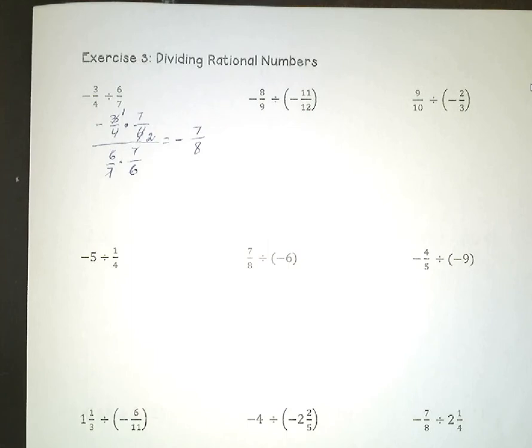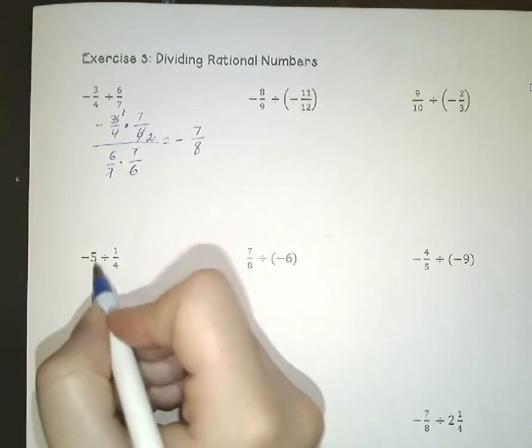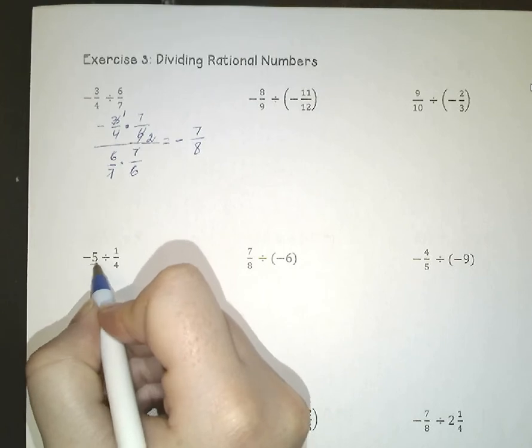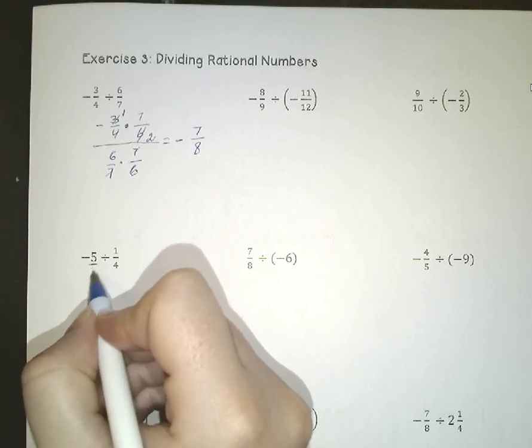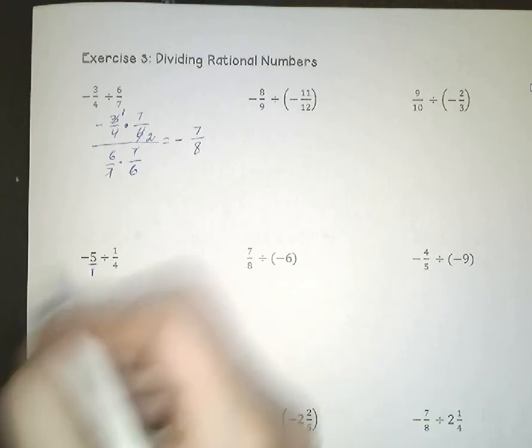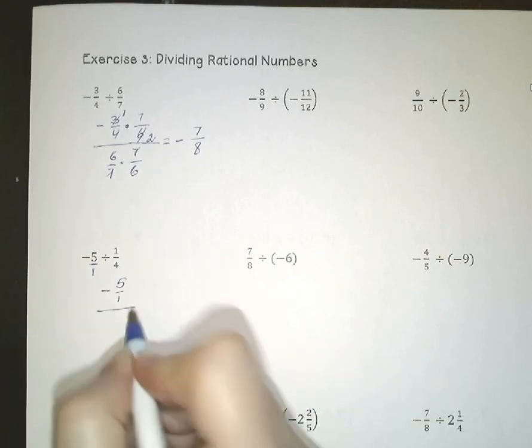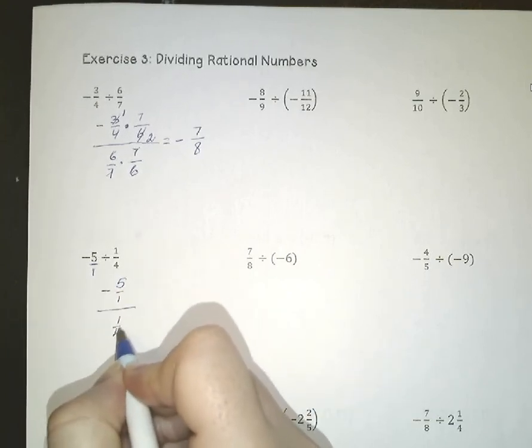Next one, negative 5 divided by 1/4. If this seems to be complicated to you, please don't be alarmed. Just change the 5 into a fraction, put a 1 under it. So you will have negative 5 over 1 divided by 1/4. Now you can set it up. Negative 5 over 1 divided by 1/4.